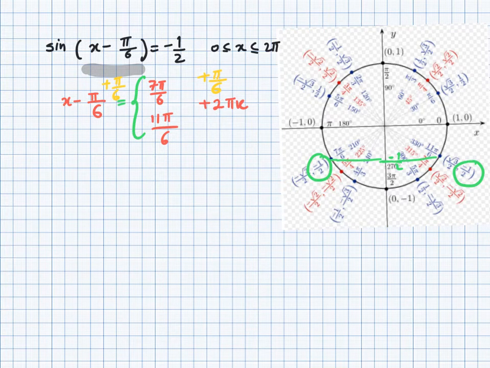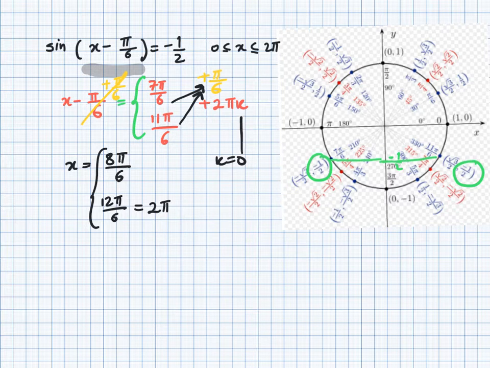Here we are just eliminating by adding pi over 6 to both sides. So we end up with x equal to 7 pi over 6 plus pi over 6, which is 8 pi over 6, and 11 pi over 6 plus pi over 6 is 12 pi over 6, which is actually 2 pi. All these values are when k is equal to 0, so 2 pi times k is 0.